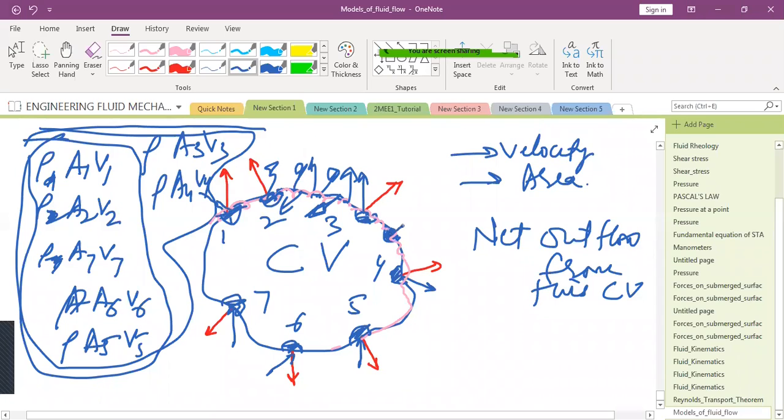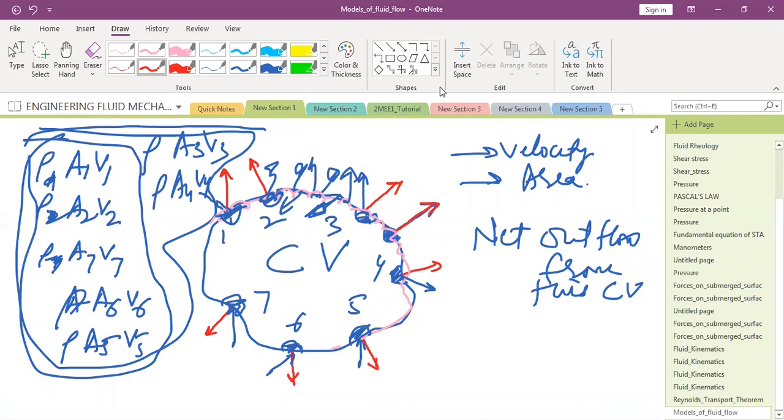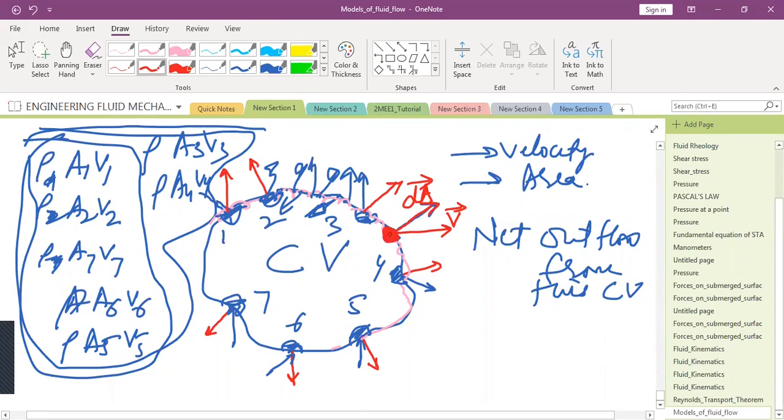Say at this point, this was the area vector and this was the velocity vector. For this infinitesimally small surface, the amount of mass exiting or entering the system will be equal to rho V dot dA.